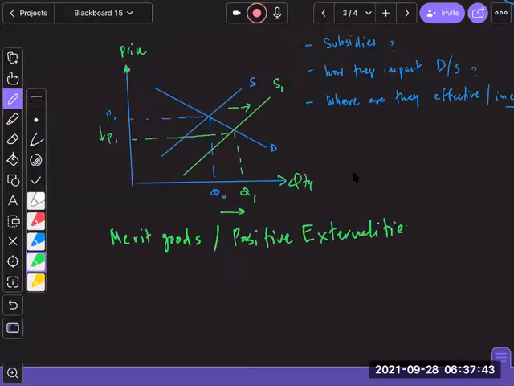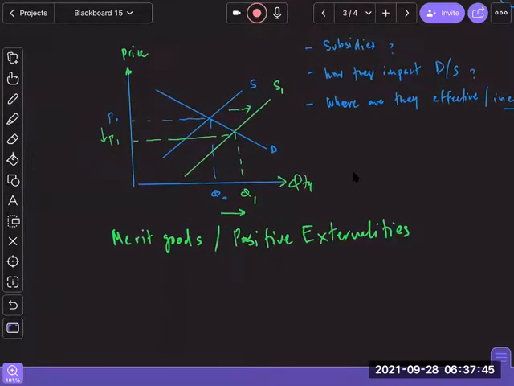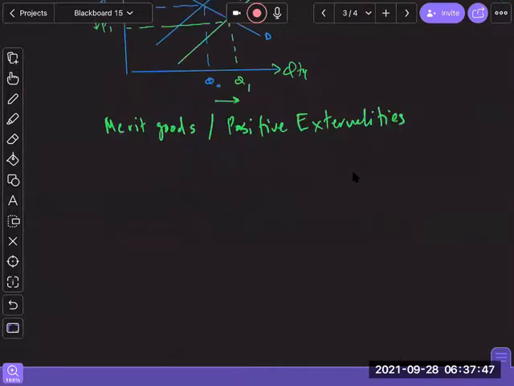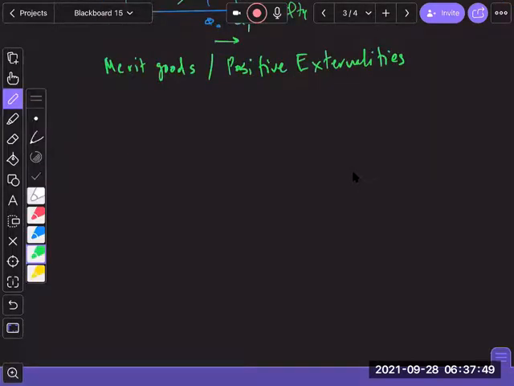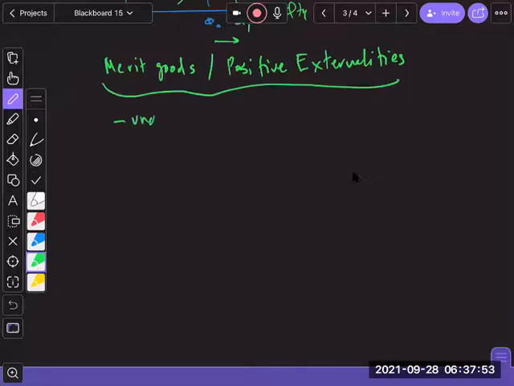Subsidies could be very useful. How? Because in the case of merit goods or goods with positive externalities, there is underconsumption or under provision of the goods, and in such a case we can give subsidies to improve the allocation.